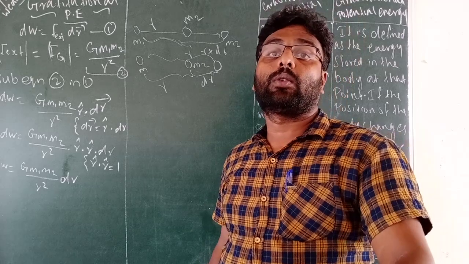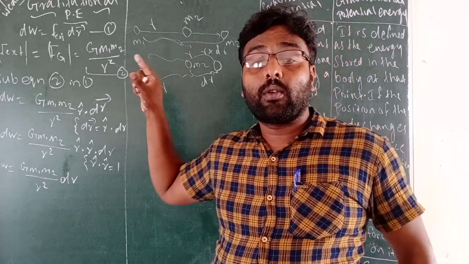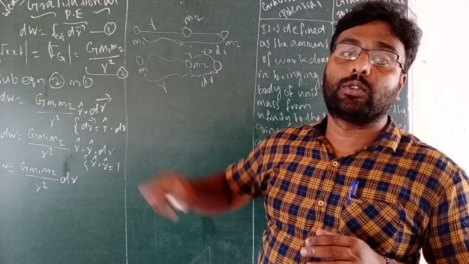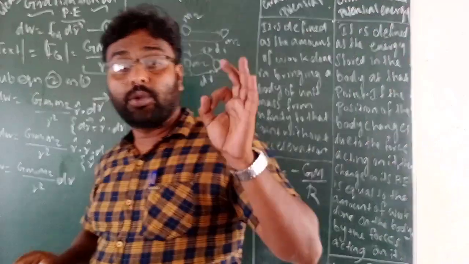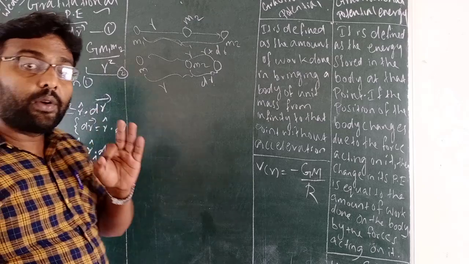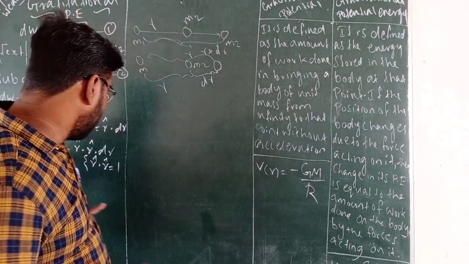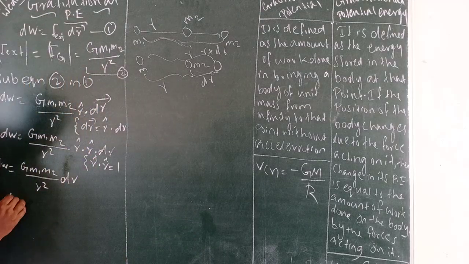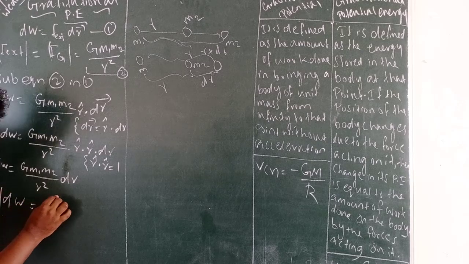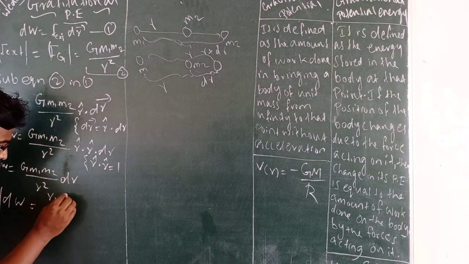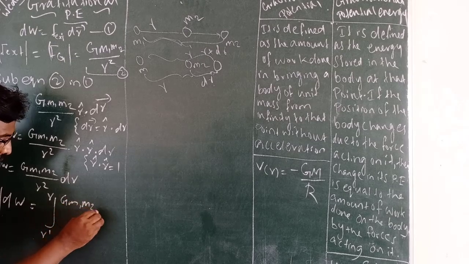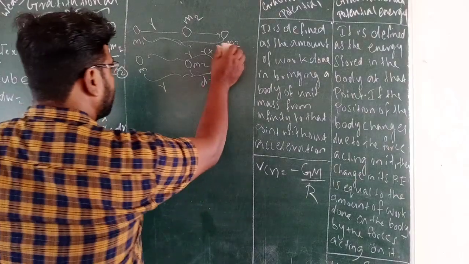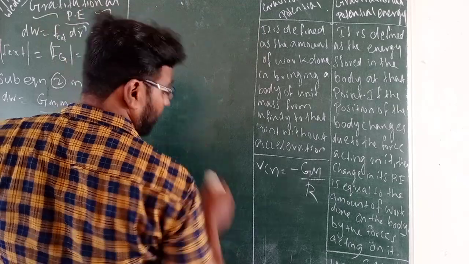Now we have to find out the total work done. The total work done to move from the point R dash to R. For that, we have to integrate this equation with limit R dash to R. So dW equal to integral from R dash to R of G M1 M2 by R square dr. Now integrate this equation.